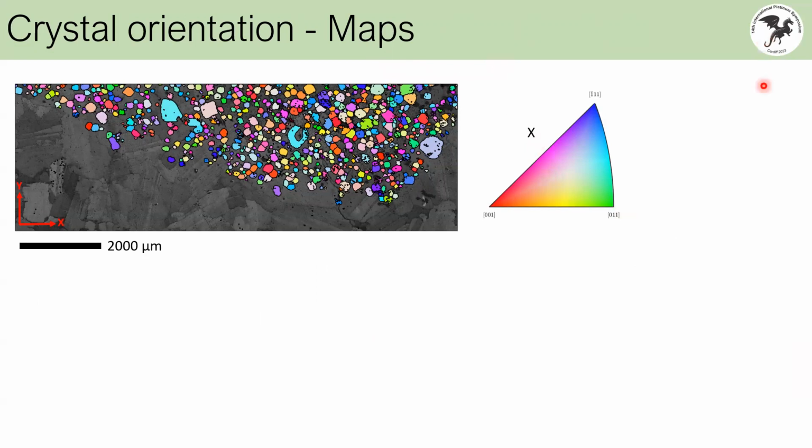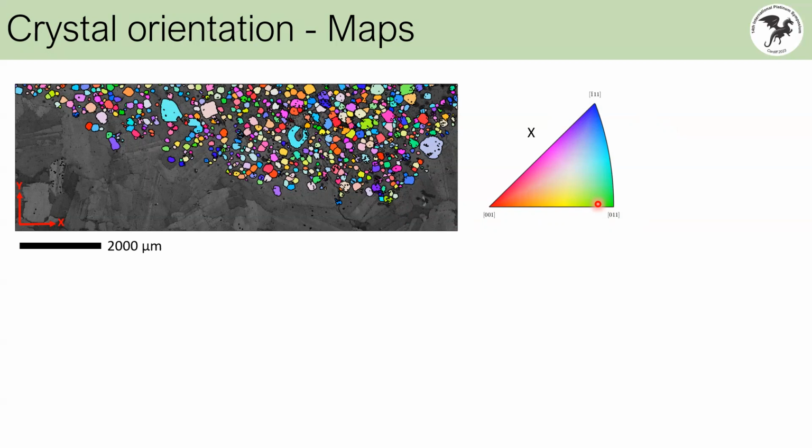Can I find this? Never mind. So this is what an orientation map looks like. You see all these grains that are colored, in fact chromites, and each grain is oriented close to one of the low symmetry axes. So the low symmetry axes are 111, 110, or 100. These are the simple crystallographic axes that we know.